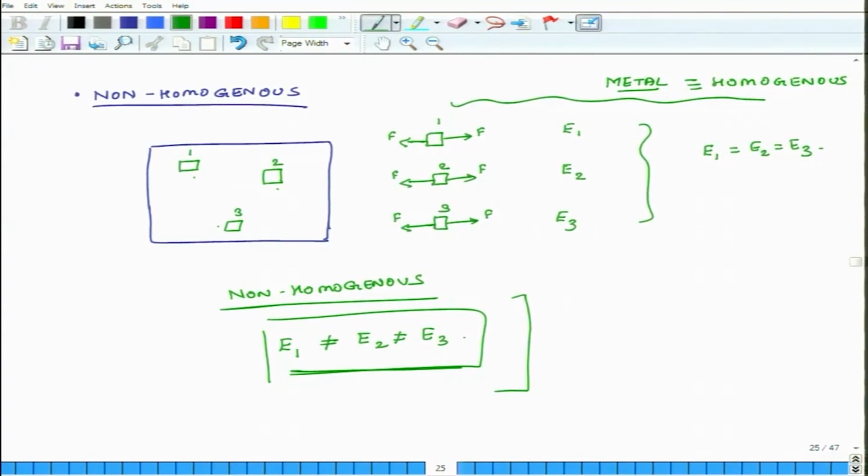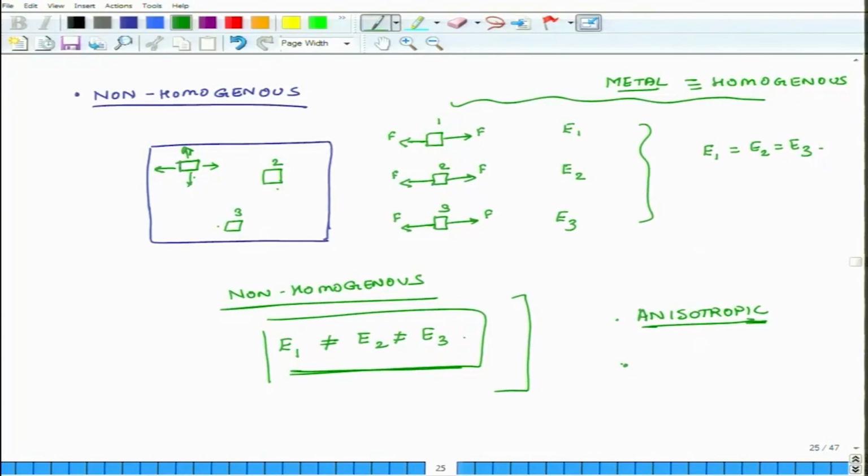So, we have seen two important elements, that composites are anisotropic, and by anisotropic I imply that at the same point, suppose I just took this location 1, if I pull it in this direction, I will get one value of Young's modulus, and if I pull it in this direction, I may get another Young's modulus. So, that is meant by anisotropy, that the properties at a given point in the material are direction dependent.